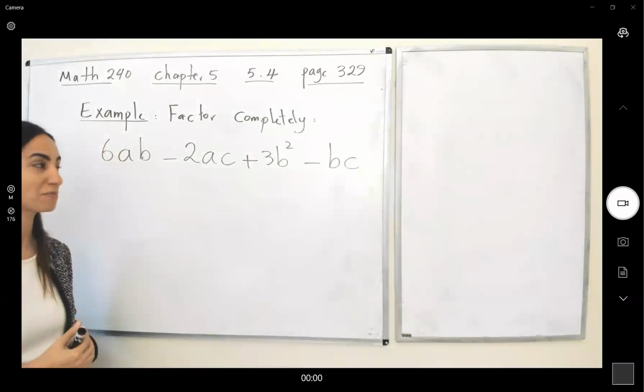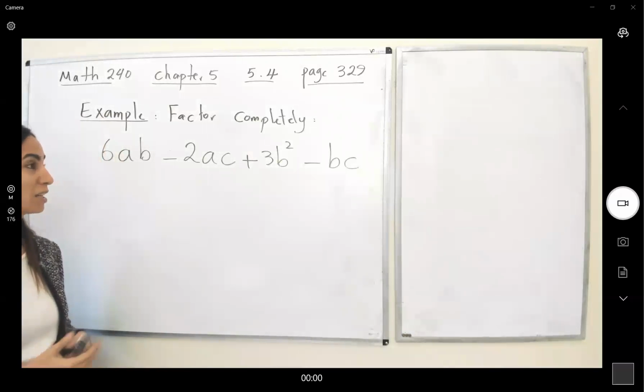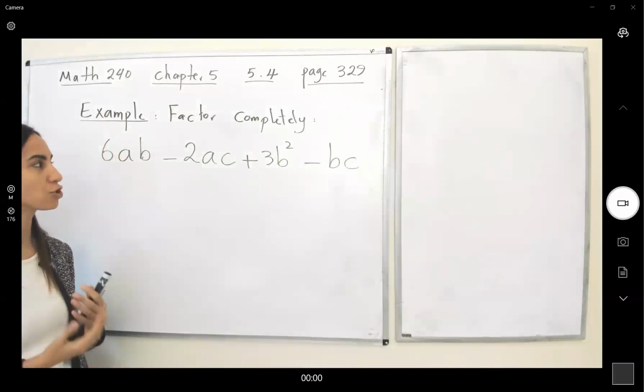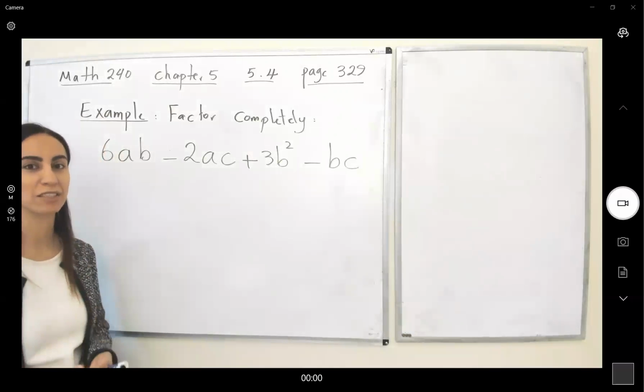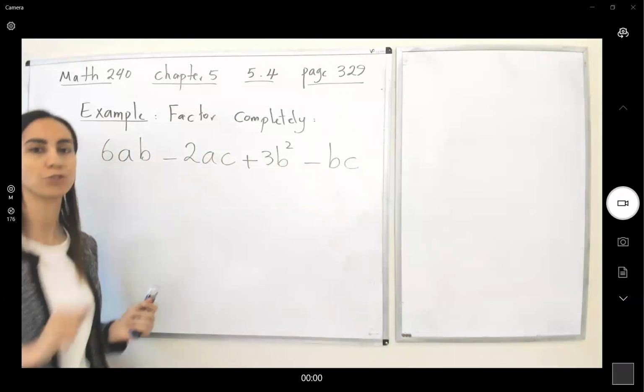Very well. Okay. We have 4 terms. Let us try to see how we can start factoring these 2 by 2.